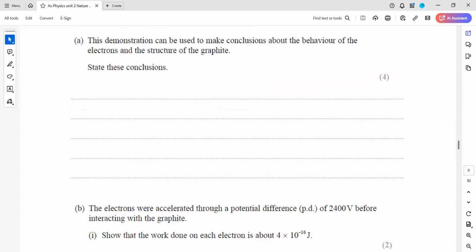State these conclusions. First, the electron can act like a wave, and why? Because in this case, the electrons are diffracted when they are passing through graphite. And in diffraction, the wavelength associated with the electron matches the gap size or the particle spacing in the graphite. That's why the diffraction is observable.